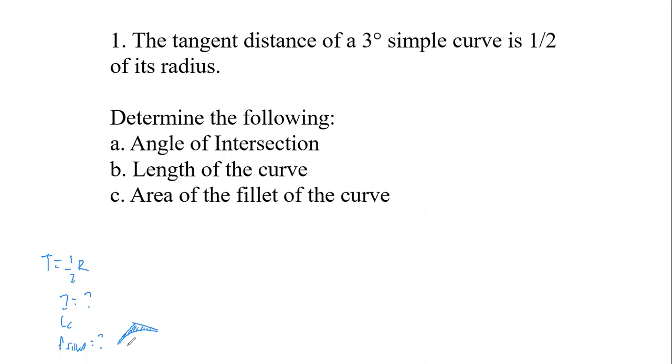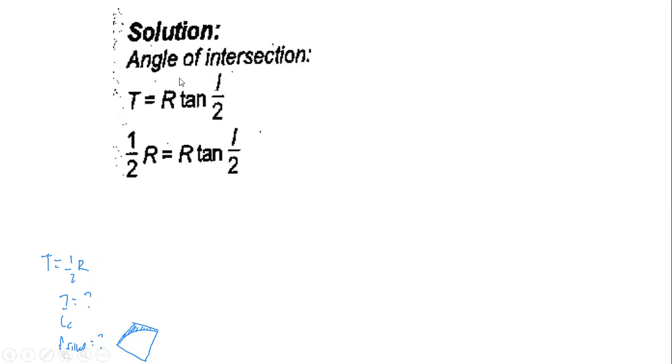Okay? So of course, meron tayong ganyan, no? So given din yung degree ng curve natin as 3 degree, no? So yung angle of intersection, so we have this formula, recall T is equals to R tangent I over 2. Okay?